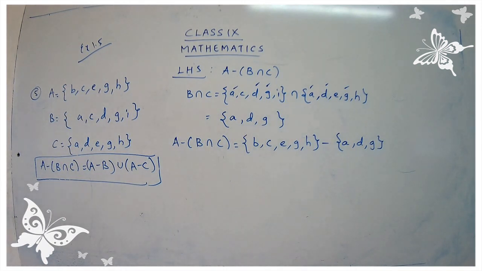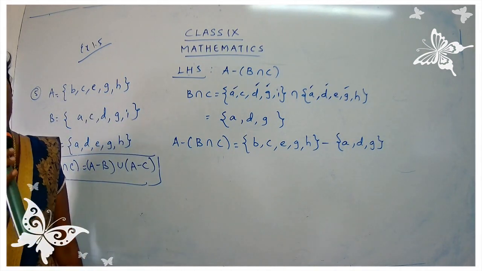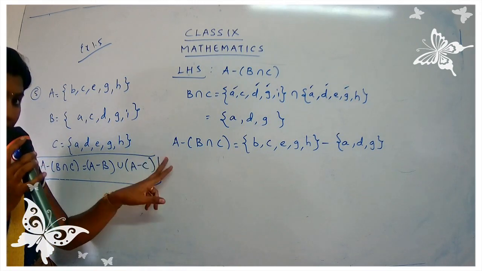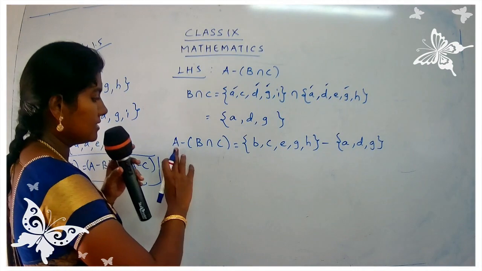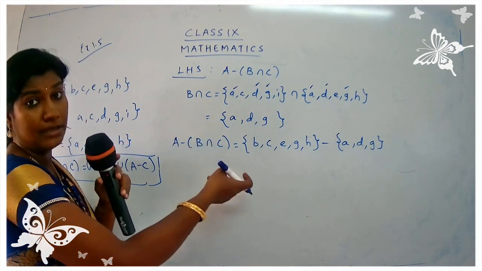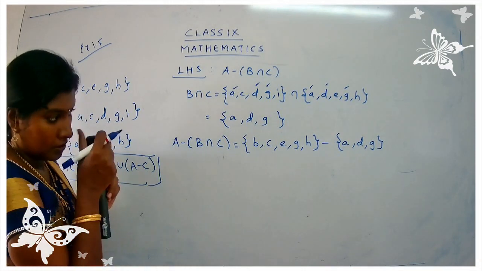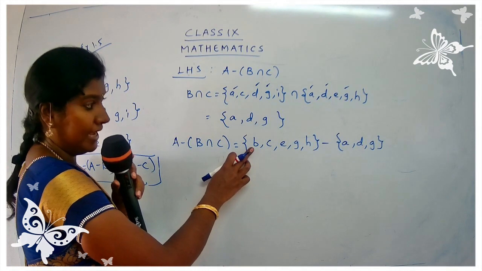Okay, so now let us find out the answer. What is given to you? A minus B intersection C. Yes, children? A minus, that means I want A, but I don't want B intersection C. That means I want the element of A only, but it should not be present in B intersection C. So just check for B. B is present only in A, so I can take it.